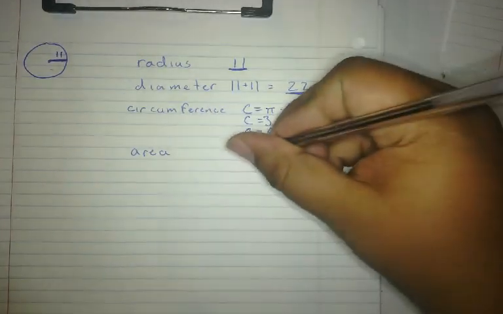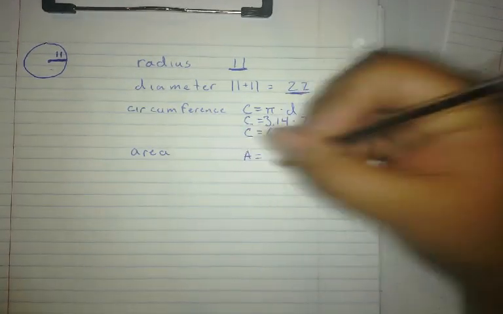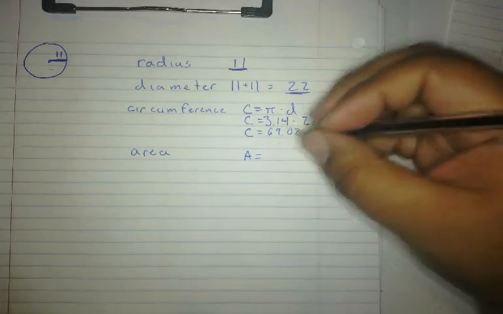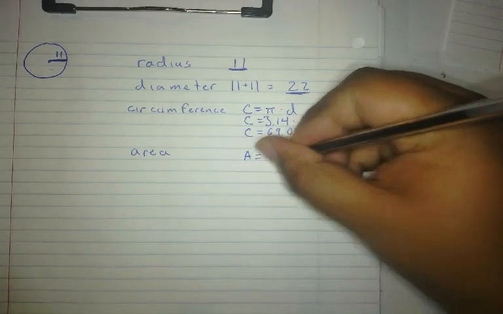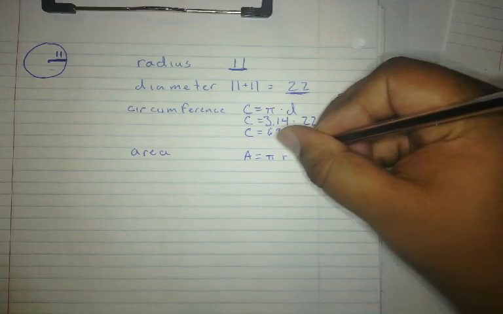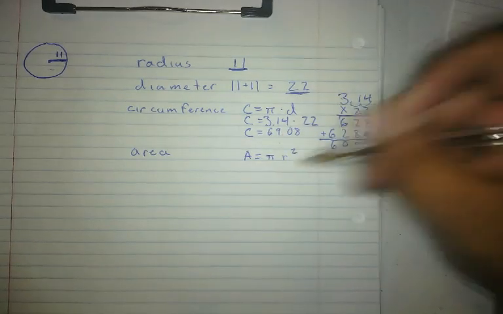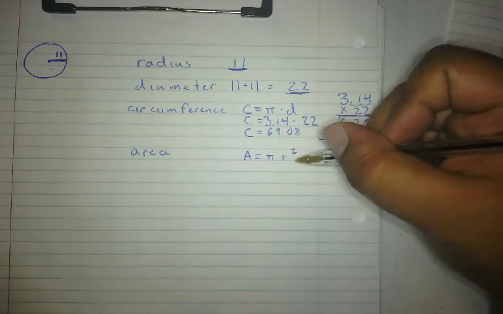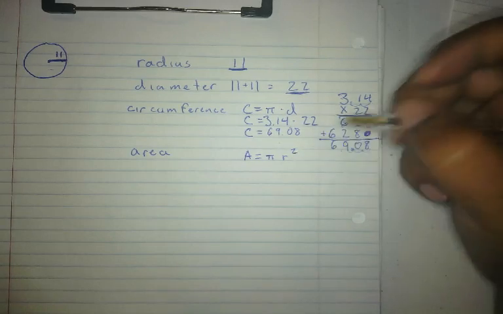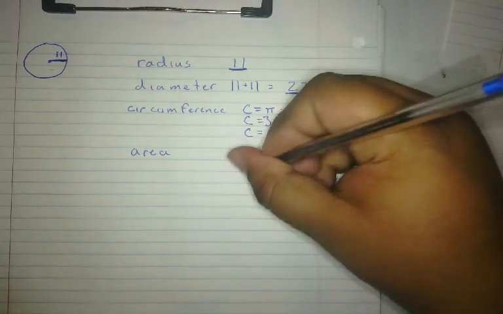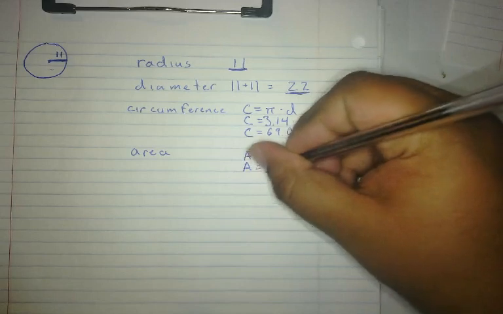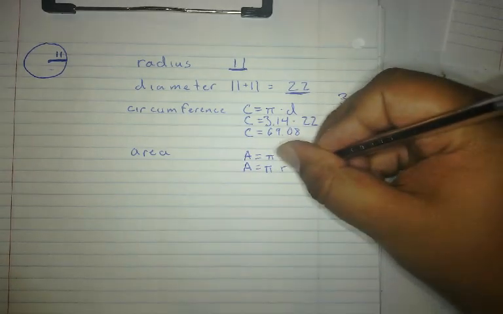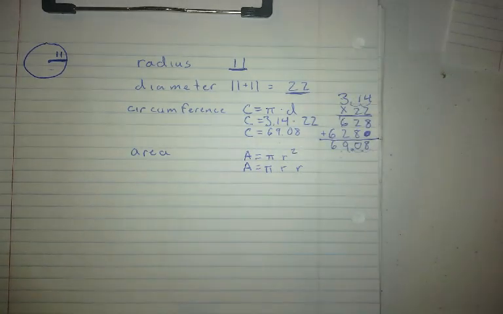Now let's go ahead and go down to figuring out our area. So my area formula for a circle was area equals pi r squared. So the first thing I want to do when I see this r squared is I'm going to rewrite this as the area equals pi times my radius times my radius again. It's the exact same thing.